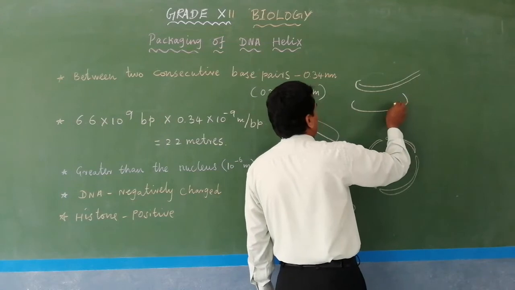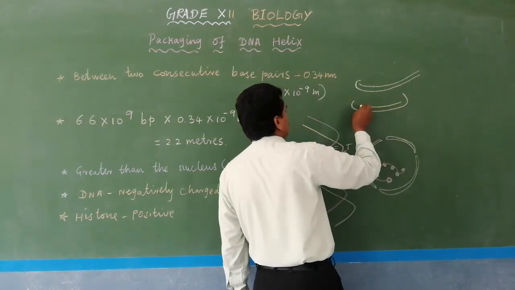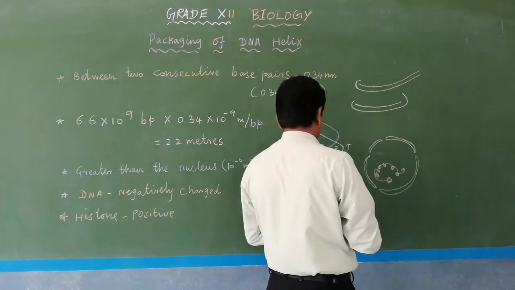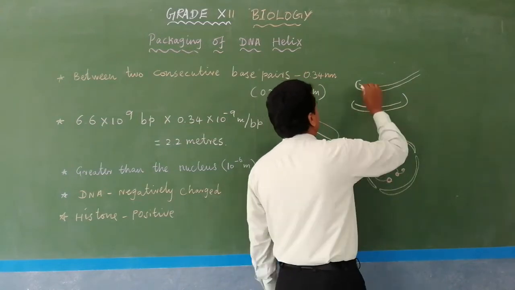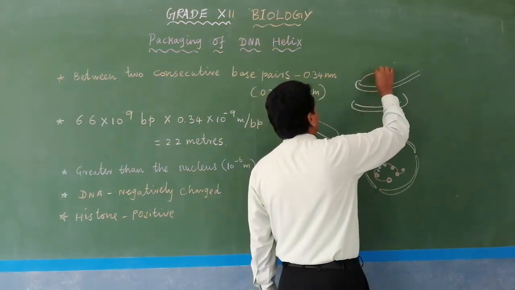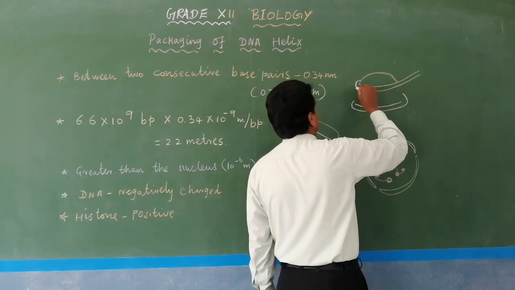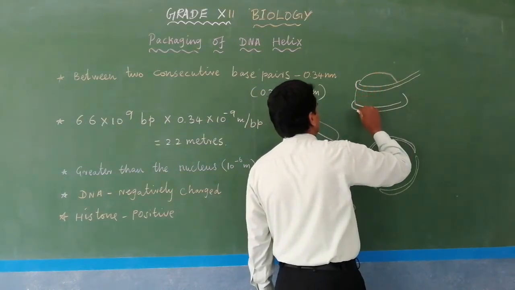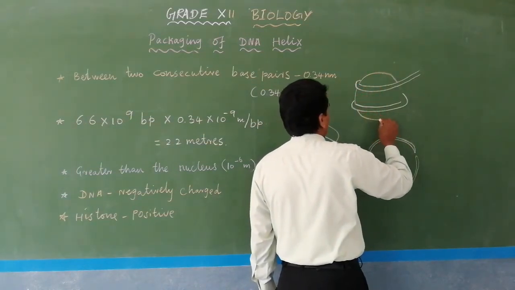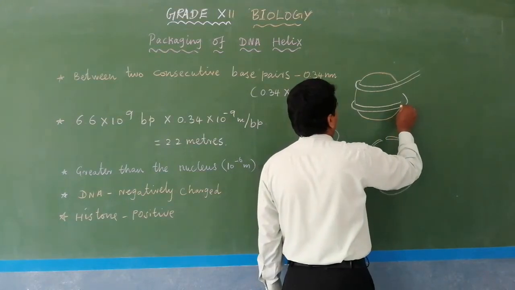First put the outer line. This is DNA. Then I am drawing protein. The round protein is nothing but histone.